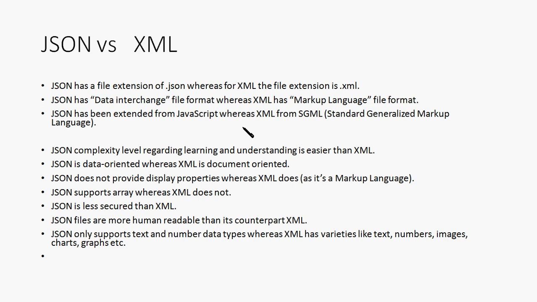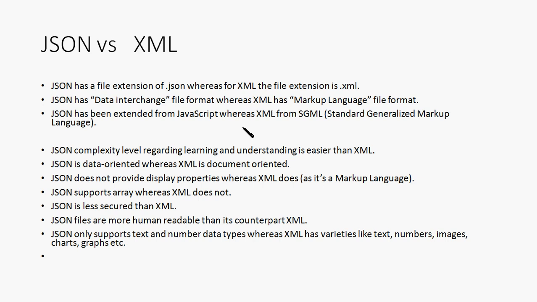XML is a markup language file format, where we use markup tags for defining the data. JSON is extended from JavaScript, while XML is extended from SGML, the standard generalized markup language.